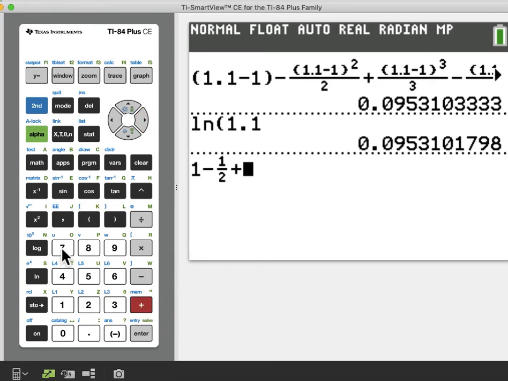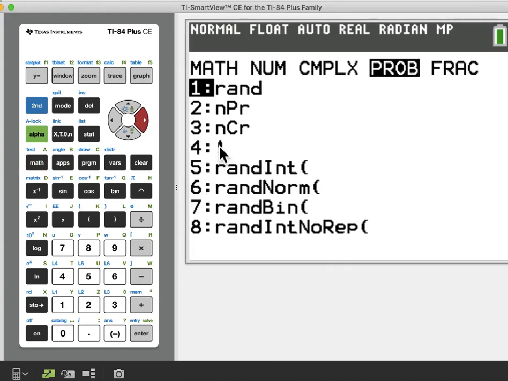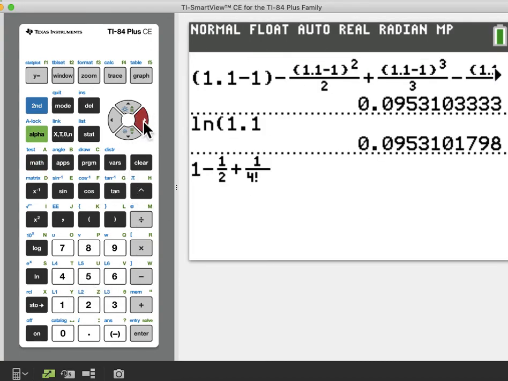Okay, plus 1 to the fourth, so that's going to be 1 again, over 4 factorial, right, that's going to be 24, but if you don't know those off the top of your head, you're just going to type in 4 and go to math, over to probability, and it's option 4. Then minus, and then I have 1 to the 6th, so 1 again, and then over 6 factorial.